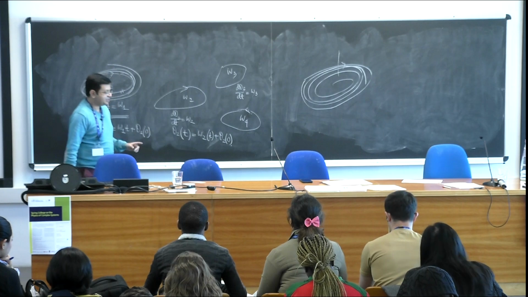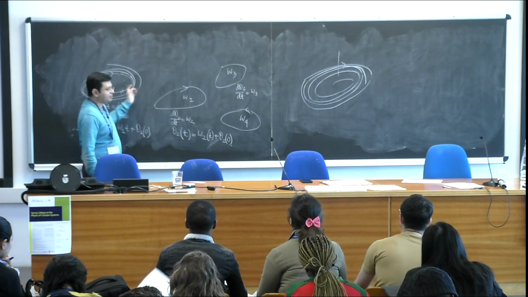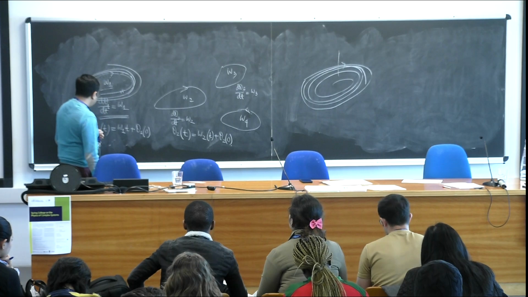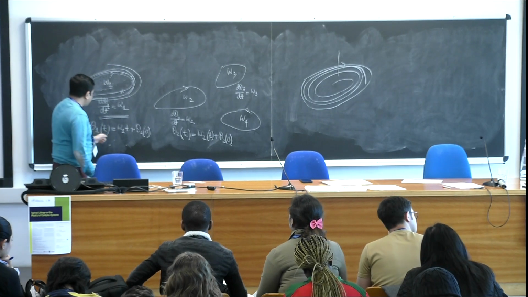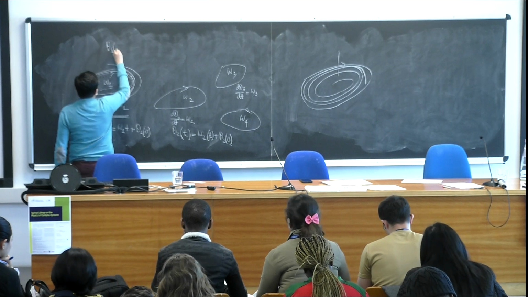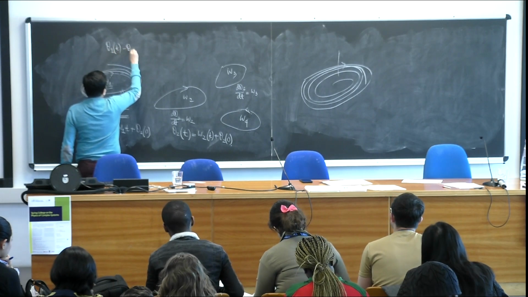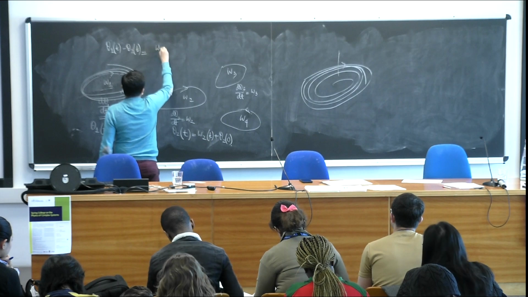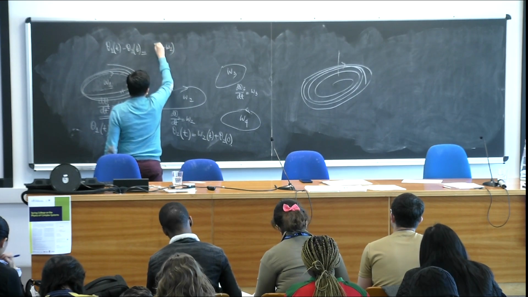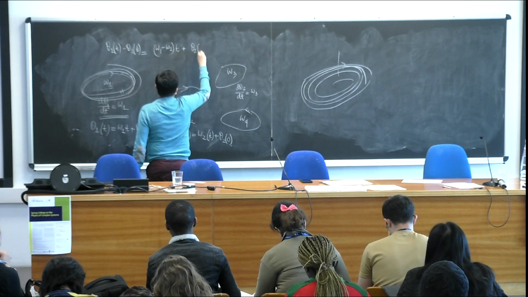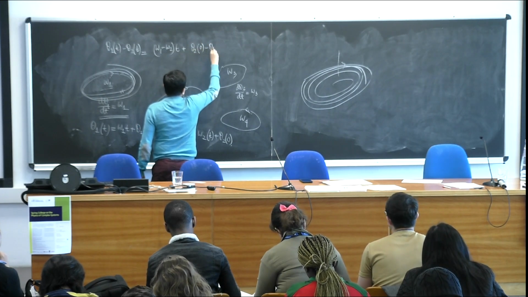By synchronization, let's talk about just these two oscillators. What does synchronization mean? It would mean that the phases, so if I look at the phase difference, theta 1 of t minus theta 2 of t, that would be equal to (omega 1 minus omega 2) t plus theta 2 0 minus theta 1 0.